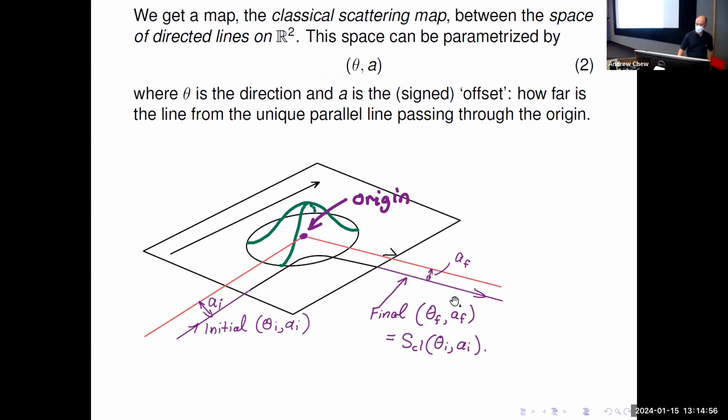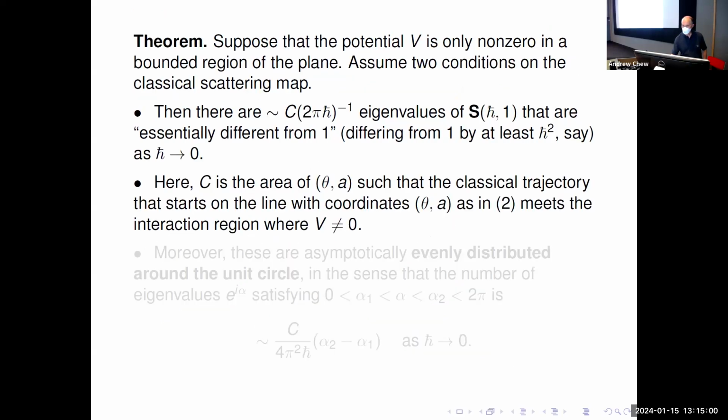So here's the picture of (theta, A). So the area of (theta, A) such that the classical trajectory that starts on the line with coordinates (theta, A) meets the interaction region where V is not zero. If you think about it, a lot of trajectories never meet the interaction region because the lines are far from the support of V. But some of them do, and we calculate the area, and that's c.